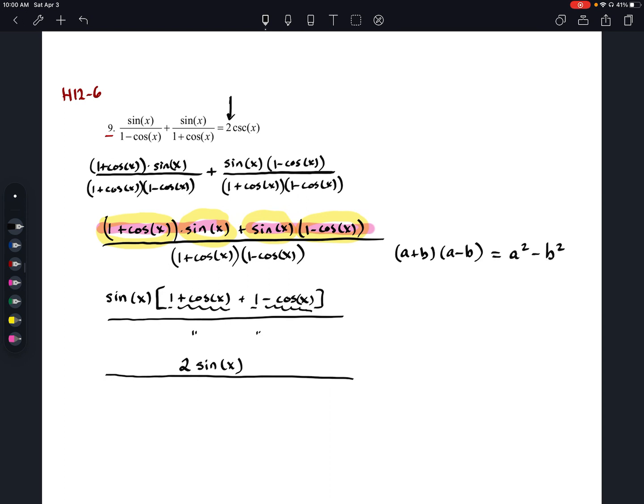If I go ahead and FOIL that out, I'm going to get a 1 minus cosine squared x in the bottom. And that is a Pythagorean identity: 1 minus cosine squared x is the same thing as a sine squared x.